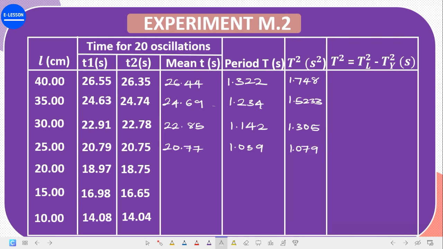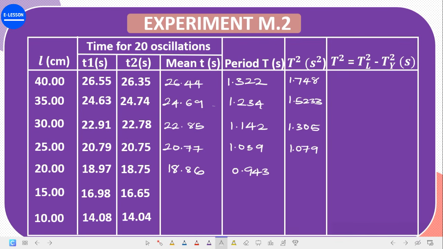Now the next one is 18.97 plus 18.75 divided by 2, which is 18.86. Divide this by 20, that's 0.943.